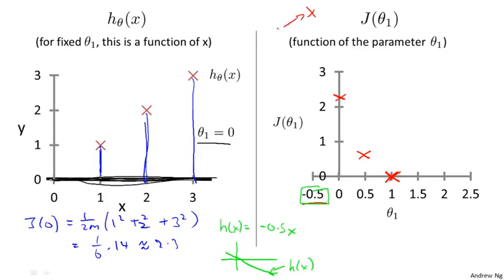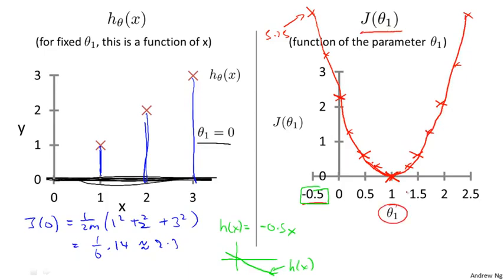It works out to be something like 5.25. And so on. And for different values of theta 1, you can compute these things, right? And it turns out that you compute a range of values, you get something like that. And by computing the range of values, you can actually slowly trace out what this function, j of theta, looks like. And that's what j of theta is.